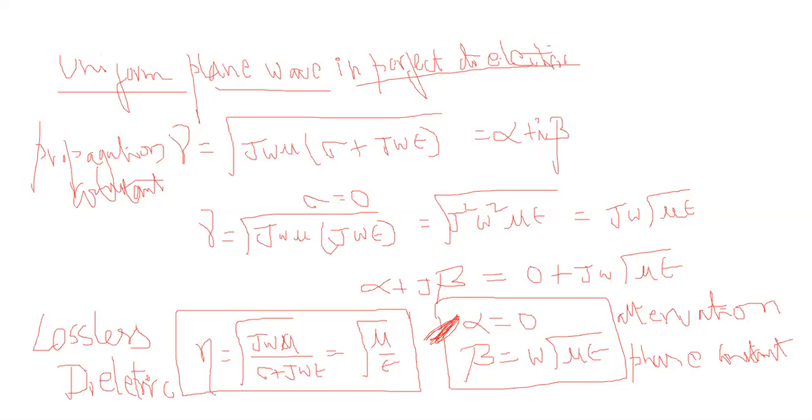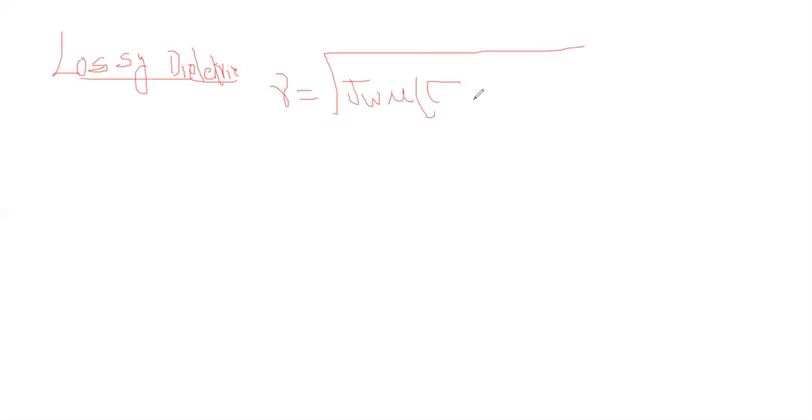Let us take the same gamma, equal to the square root of j omega mu (sigma plus j omega epsilon).